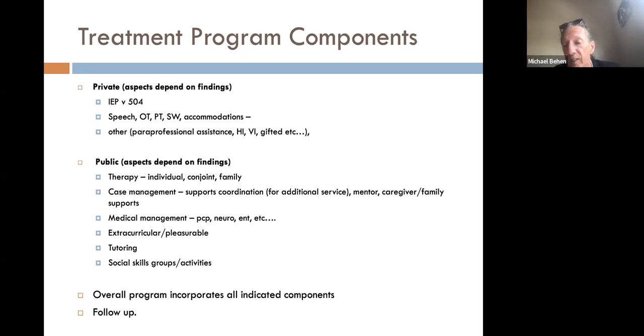So in the best of worlds, the family will take the report and get the program set up, run the program for some time, and then we'll see the child again in a year or two to not only better understand what's going on, to see how our program is doing in terms of addressing the concerns that we wanted to address. And then also, are there additional things we need to be doing now, right? I hope that makes sense.